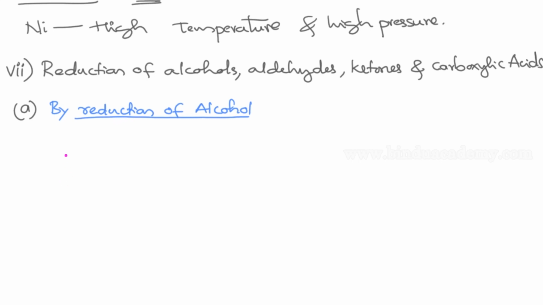Alcohols contain the ROH group, and now this ROH group is heated with hydrogen iodide, and then we get RI plus H2O. We need red phosphorus here. The temperature is about 150 degrees Celsius.